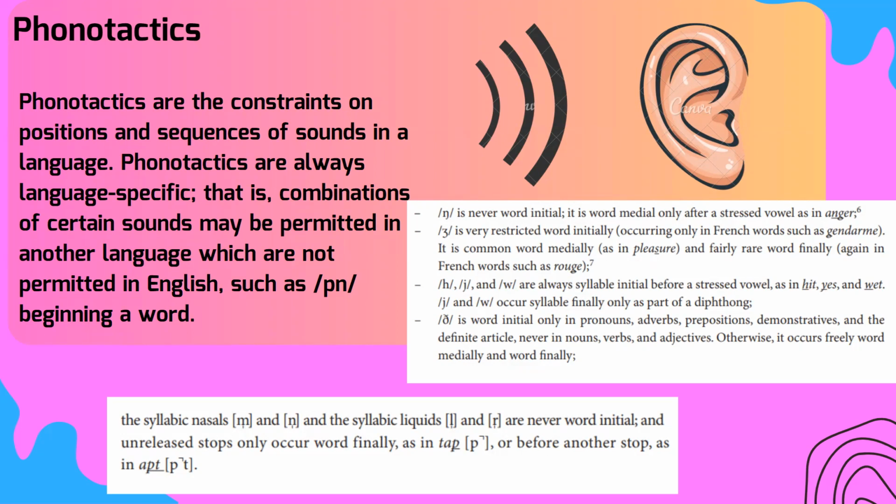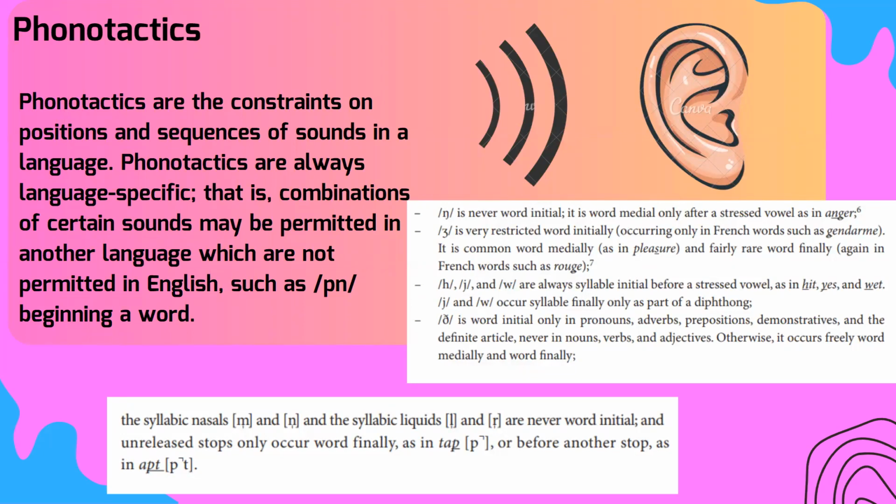And now let's look at consonants. First one is N is never word initial, it's word medial only after a stressed vowel, as in anger. The other, H, J, and W are always syllable initial before a stressed vowel, as in hit, yes, and wet.